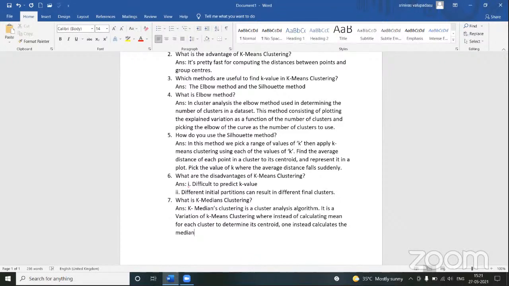This is the difference between K-means clustering and K-medians clustering.